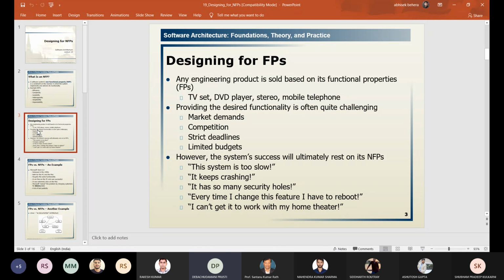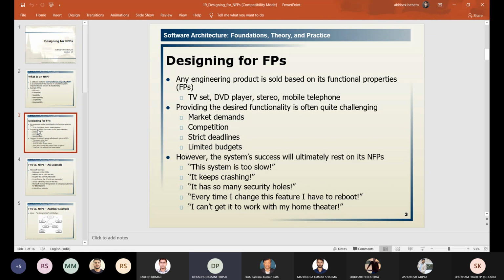Although you are fulfilling the demand, competition, deadline, and cost, if the system is too slow, it is not efficient or there are some complexities. If it keeps crashing, what does it mean? If it has many security holes, breaches or loopholes, how will you manage? So it should be reliable, heterogeneous, and efficient.